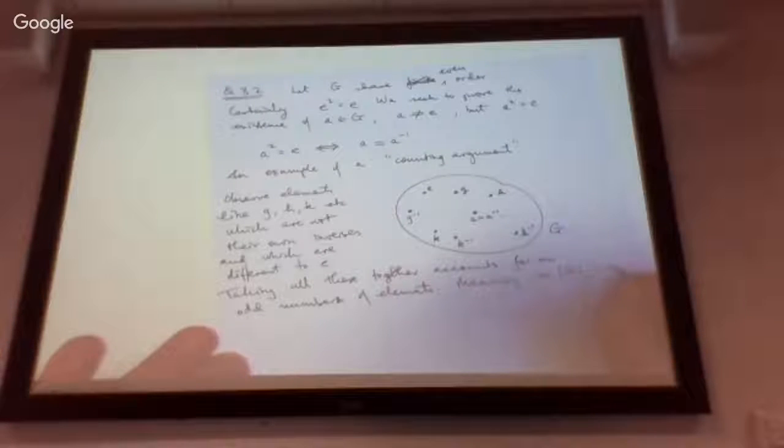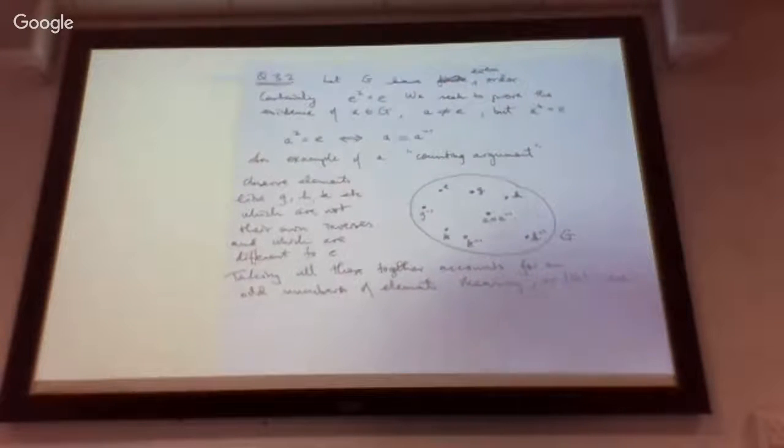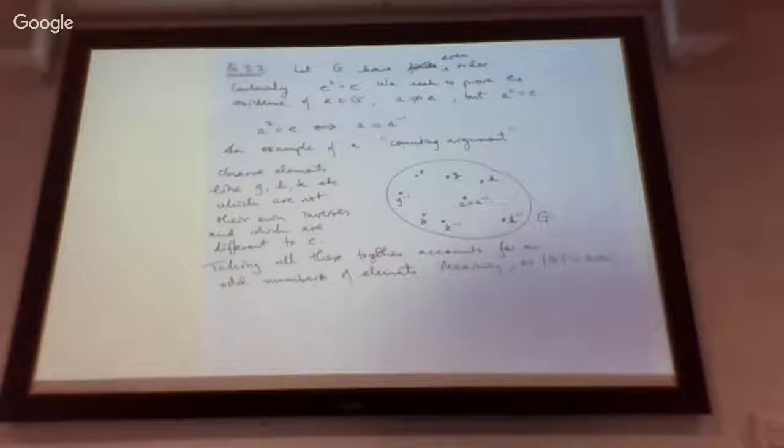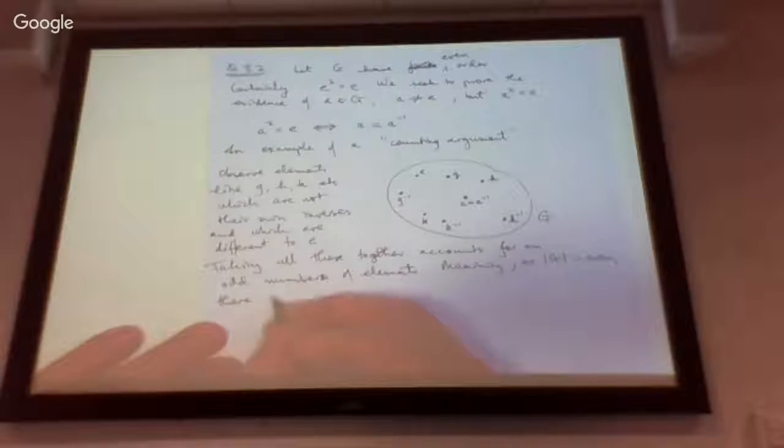You might have seen that notation, but the modulus of a set, in general in set theory, refers to the amount of elements in the set. So the modulus of a group G will mean the amount of elements in it. So meaning, as G is even, there must exist elements like A.